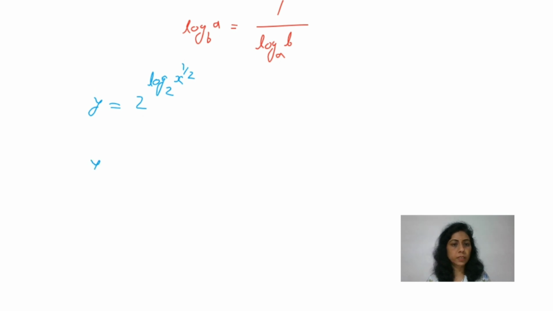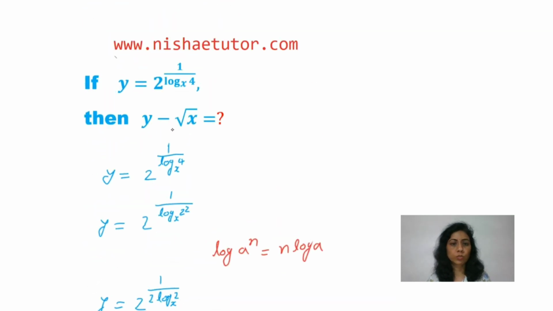We can write it in radical. And why are we writing it in radical? Because the question asks for square root x. That's why. Okay.